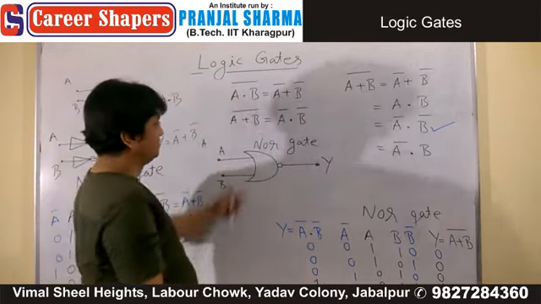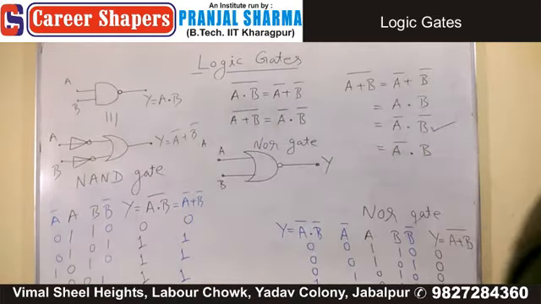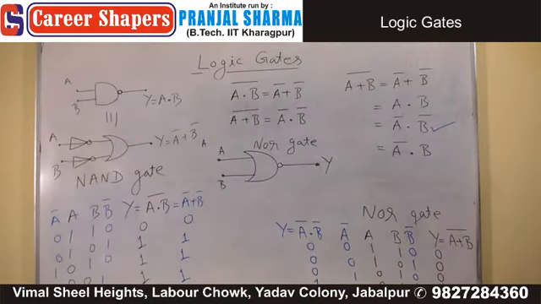Represent the NOR gate with the help of an AND gate of A bar and B bar. Do it fast.